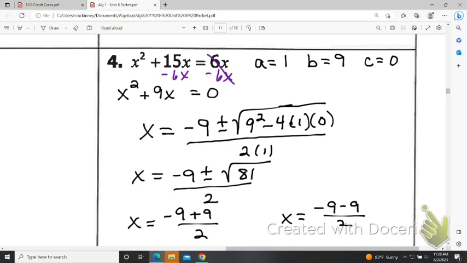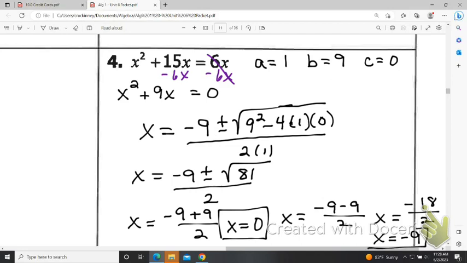So on the left, negative 9 plus 9, that's 0. 0 divided by 2, one of my solutions is x is equal to 0. On the other one, negative 9 minus 9, that's negative 18. Divide by 2, x is equal to negative 9. So those are my two solutions.